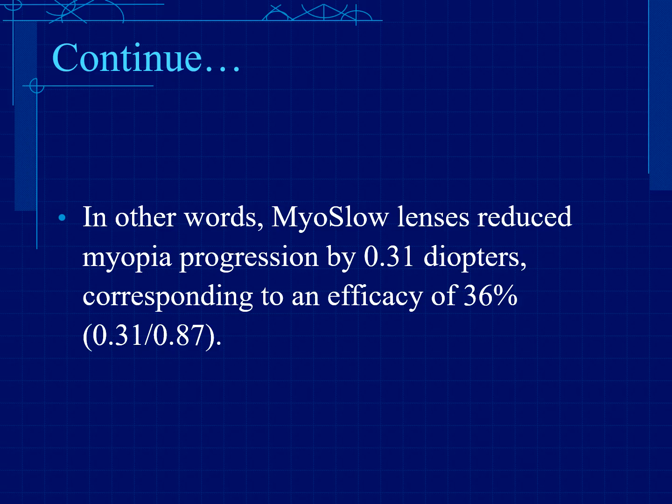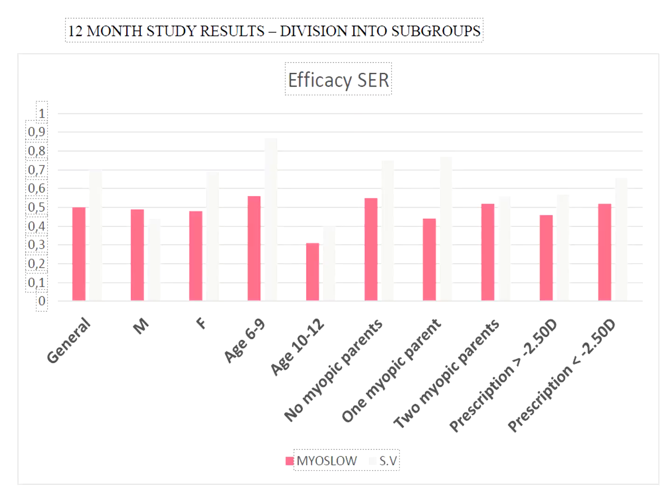In other words, MyoStop or MyoSlow lenses reduce myopia progression by 0.31 diopter, which corresponds to an efficacy of 36%.